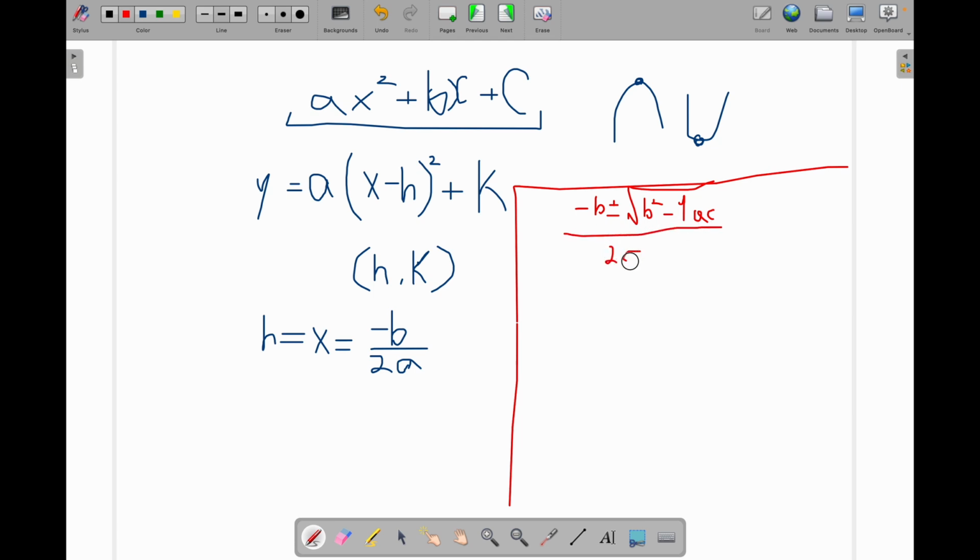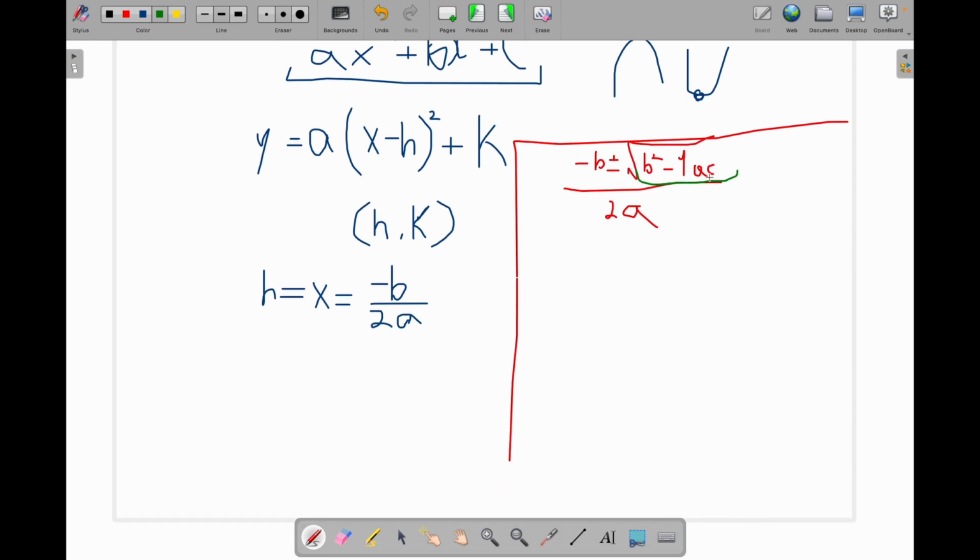In this, we can find a discriminant. This discriminant is going to be this part I box in green. It's going to be b squared minus 4ac. Let's just call this d. That's our discriminant, b squared minus 4ac.